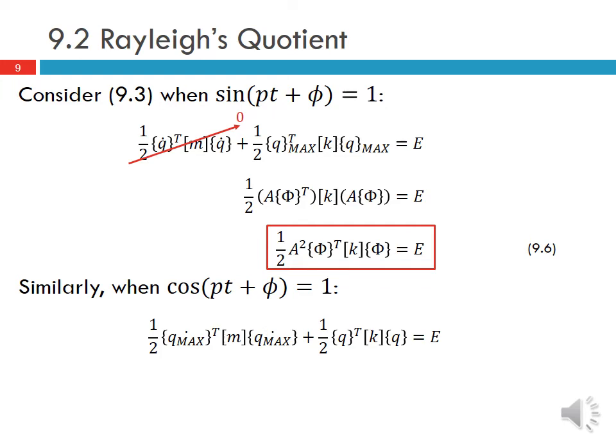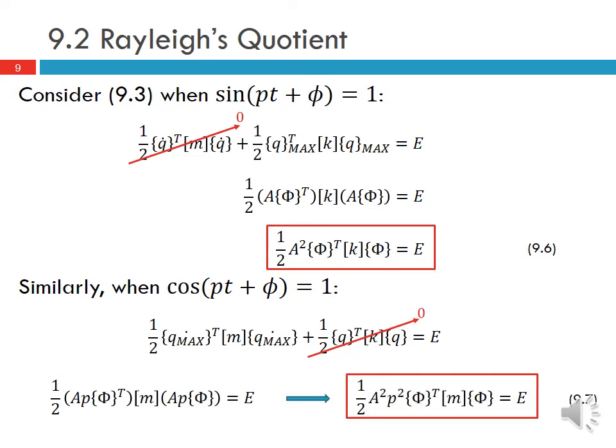So similarly, when cosine(pt plus phi) is equal to 1, the potential energy goes to 0, and the q dots become their maximum. So these q dot max can be replaced by a p phi, as shown here. And we can rearrange this.